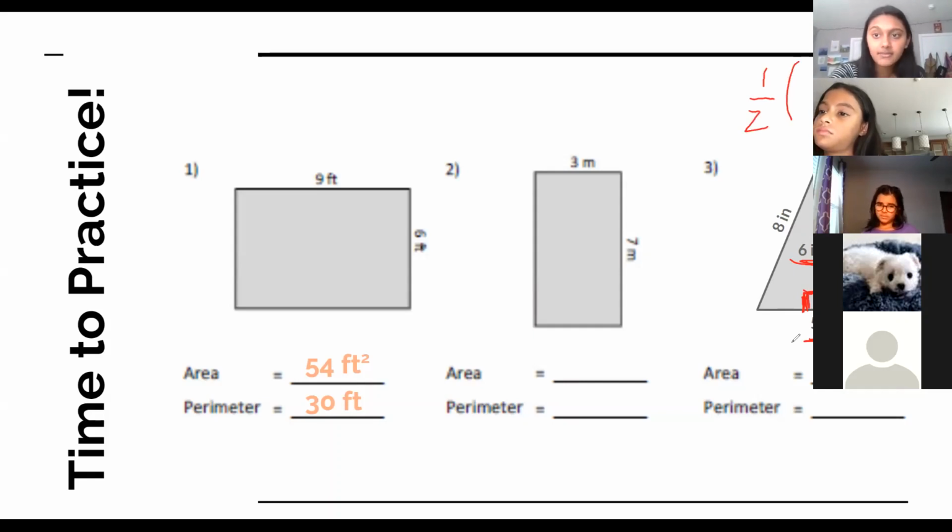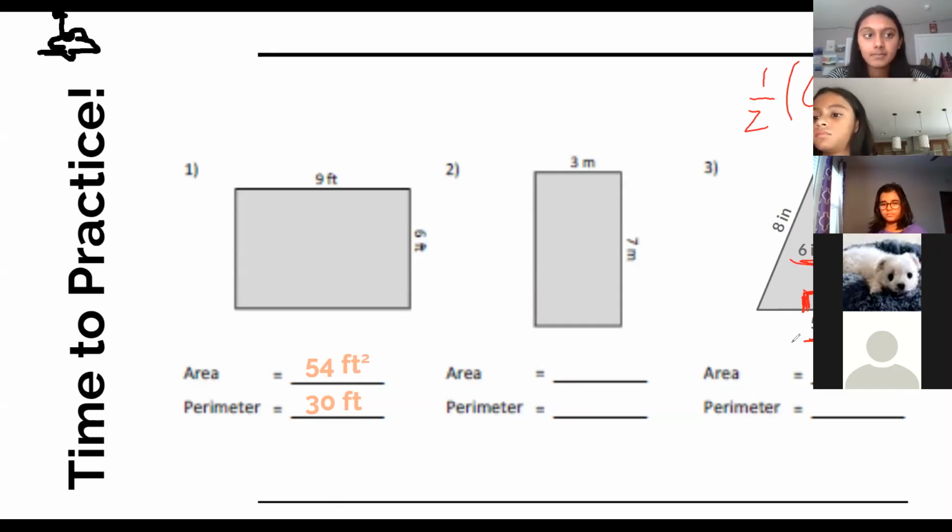We do 1/2 times base. Times height, yeah. 1/2 times height. And to make this easier, why don't we put the height first? So 1/2 times 6, what's 1/2 times 6? 1/2 times 6 is 6 divided by 2. That's 3.